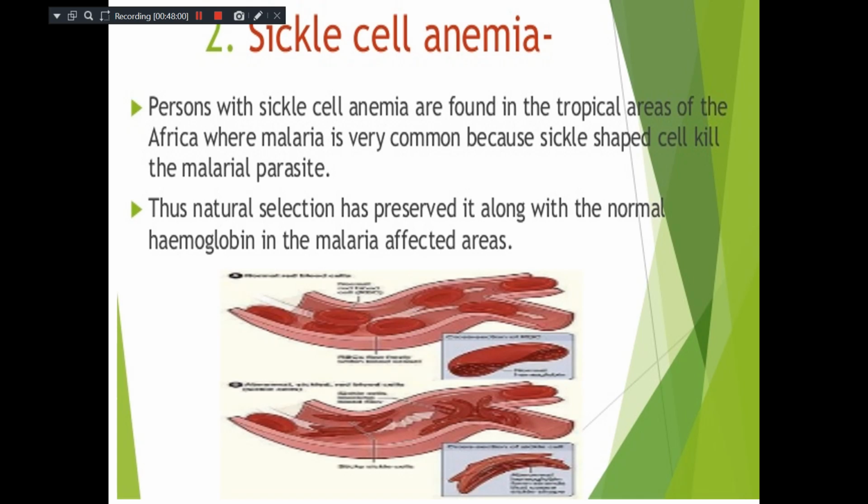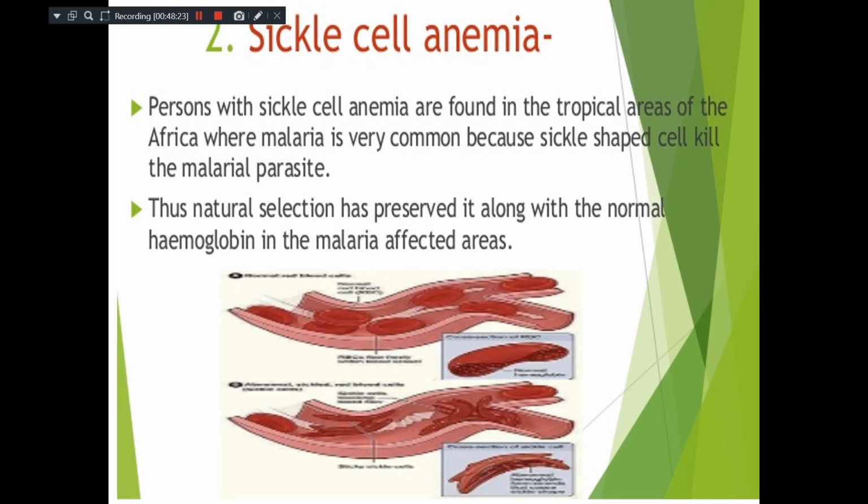Sickle cell anemia is genetically decided. The shape of the RBC which flows in the capillary will be like the shape of a sickle. So that's why it is known as sickle cell anemia. Generally, sickle cell anemia has other disadvantages.